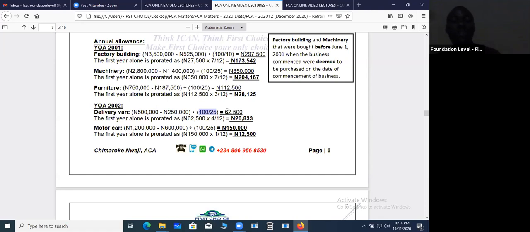That gives you 62,500. But we are going to prorate the first year. You are using the delivery van, which is in 2002, for 4 months, and so you prorate it 4/12, and that takes care of it.